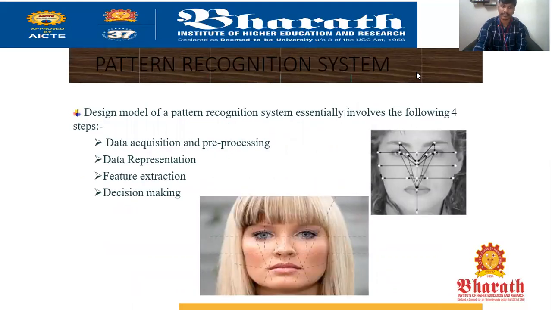A pattern recognition system is considered, or it is designed as a model which will involve these four main processing units. If you're going to develop a system, or a model with pattern recognition system as a working module for detection, for identification, for giving description and all, these are the four following steps that will be performed by the pattern recognition system.